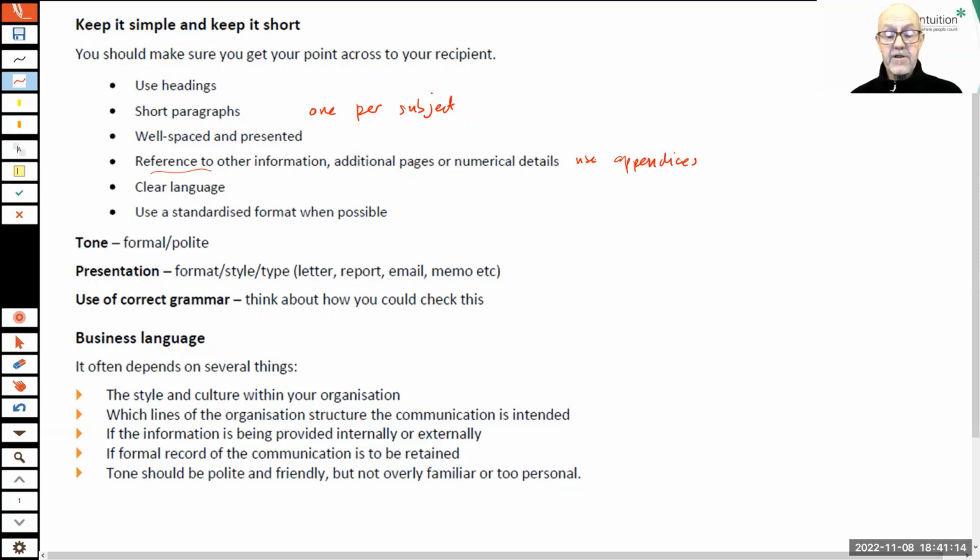Again, presentation depends on the medium that you're using. Use of correct grammar. Think how you could check this. Certainly in most word processing programs, the F7 key does spelling and grammar.